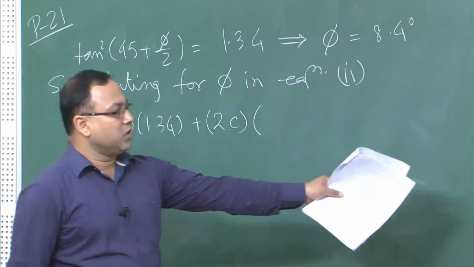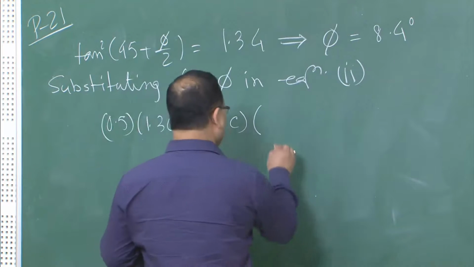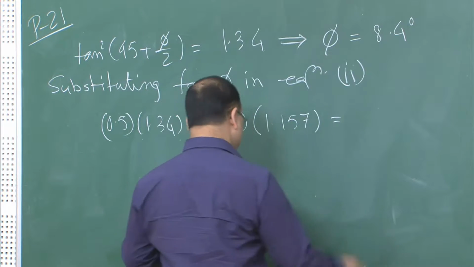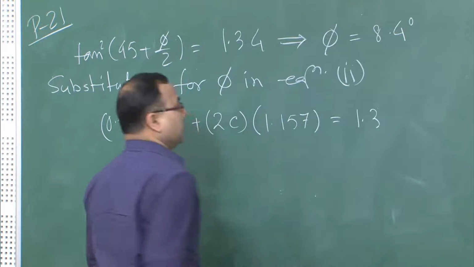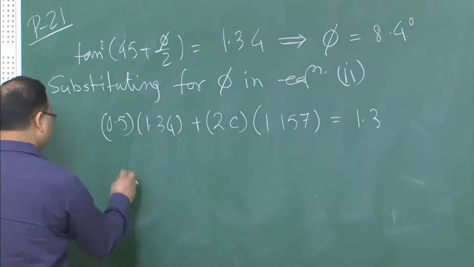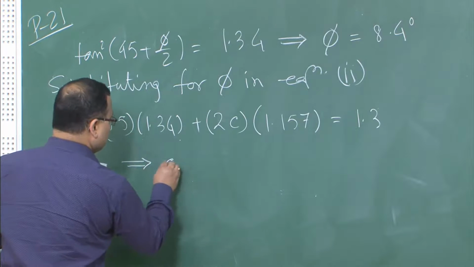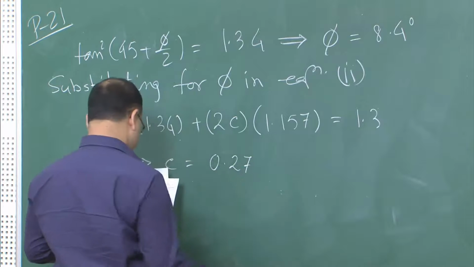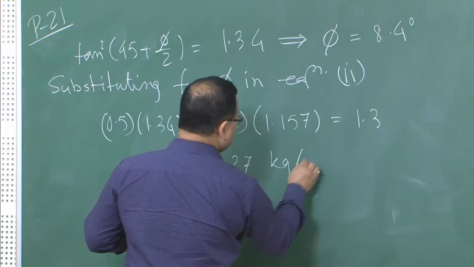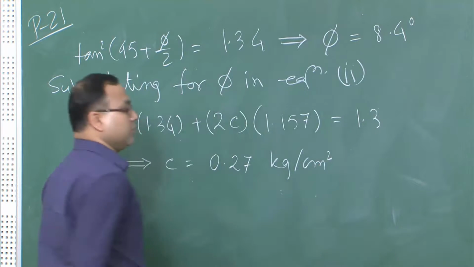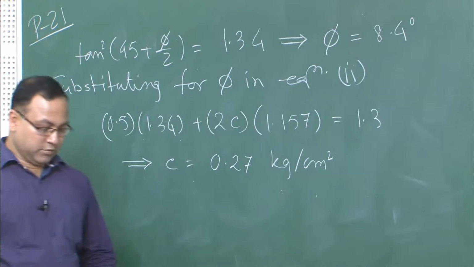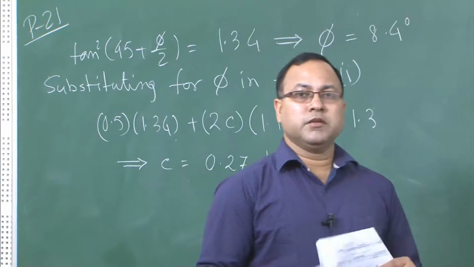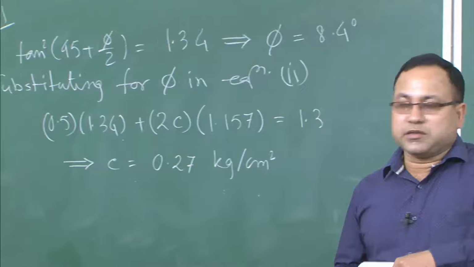So, tan square alpha is 1.34, so tan alpha will be 1.157, and this is equal to 1.3. So, from this I get c equal to 0.27 kg per centimeter square. Okay. So, we have got the shear strength parameters.